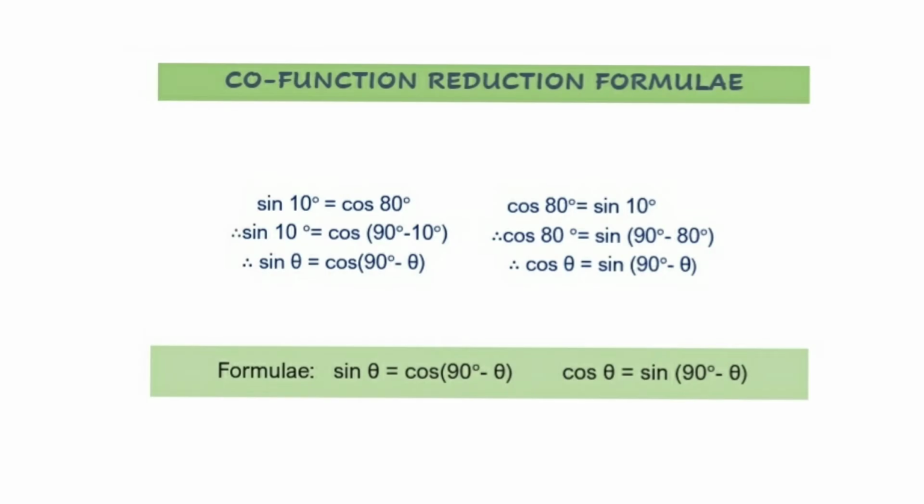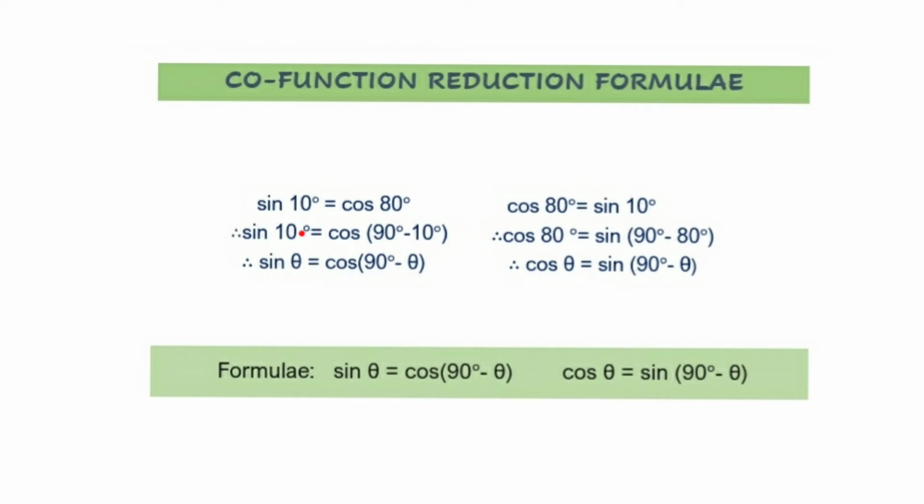So now we're going to look at the different cofunction reductions. Since we know sin 10 is equal to cos 80, we can rewrite the 80 as 90 minus 10. And if you look at this second sentence, you will see that sin theta is equal to cos 90 minus theta.